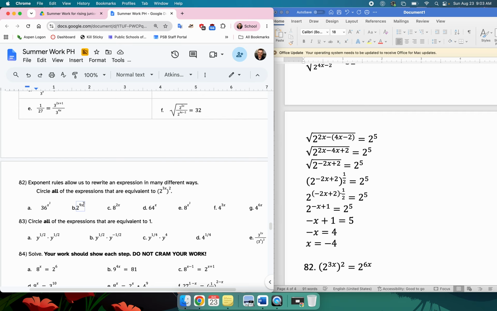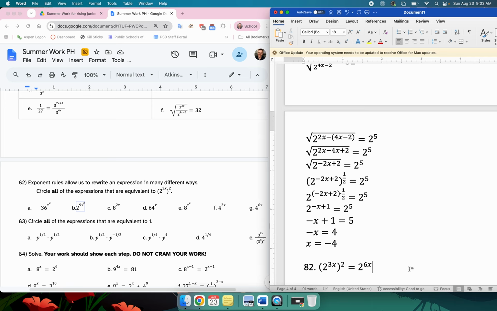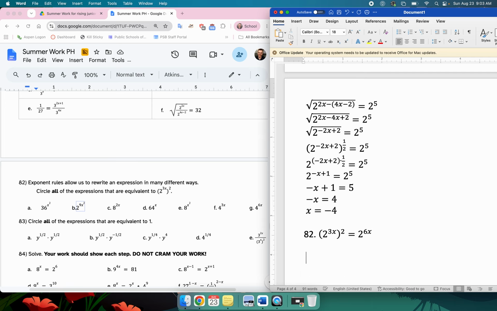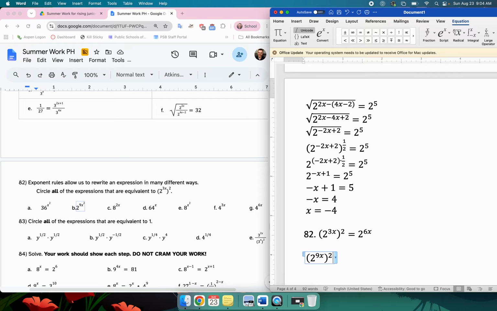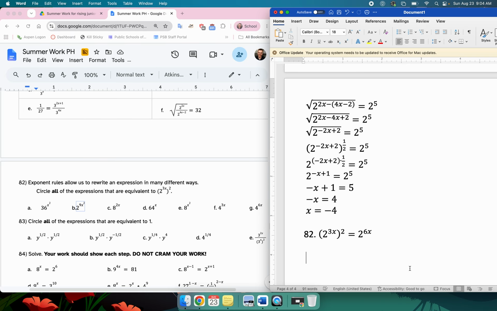There's no way to get rid of that x squared. That expression there does not mean this. That's not what this means, okay? If it meant this, then you could multiply the 2 and the 9x and get an 18x and stuff, but that's not what it means, okay? So that's just not equivalent.